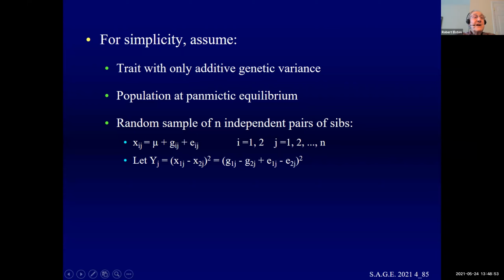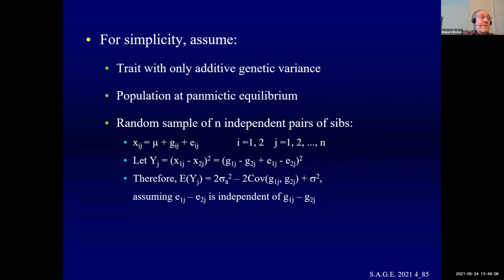And that turns out to be here. The mean doesn't come into it. That gets canceled out. Okay. And this is what we have squared. So what do we have? Therefore, Yj is equal to twice the additive genetic variance, minus the covariance between these 2, plus some residual.